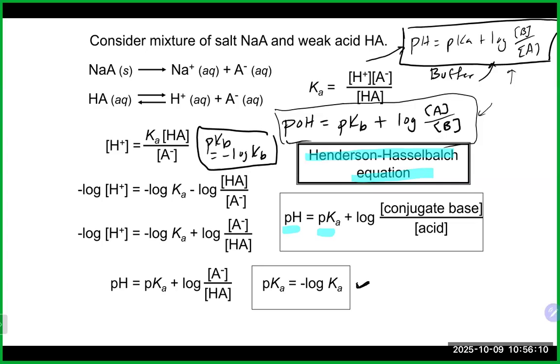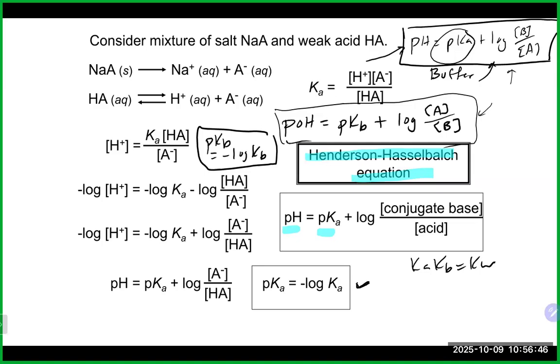Now, what would happen in a basic condition is if you have a base, you may have only the Kb available to you, which in the case of the Henderson-Hasselbalch equation, you would need the pKa value. So you have one of two ways to get to the pKa value if you only have the Kb. You could still use Ka times Kb equals Kw like we did before, convert the Kb into a Ka, and then take minus the log of it to get the pKa value.